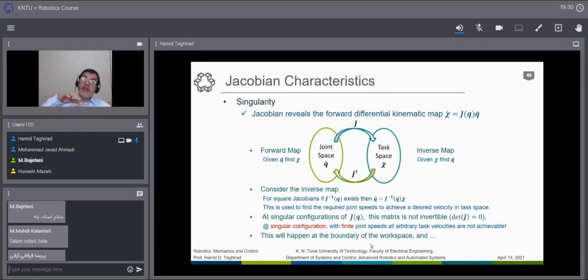In the previous chapter, we saw that the boundary of the workspace can be found where the inverse kinematic problem, which was also an inverse problem like here, usually has multiple solutions. When the multiple solutions come together and we have a double solution, at that point we have the boundary of the workspace. At the very same point, the determinant of the Jacobian is equal to 0, a singular configuration.